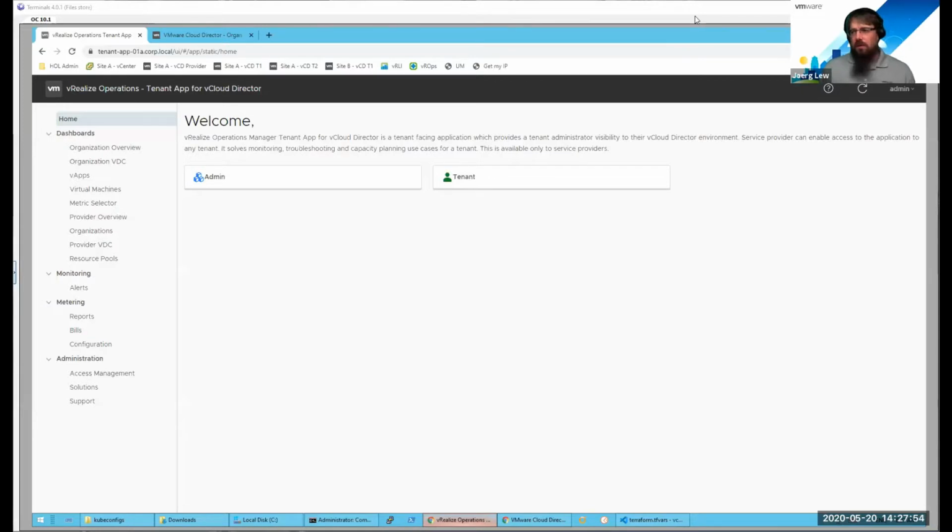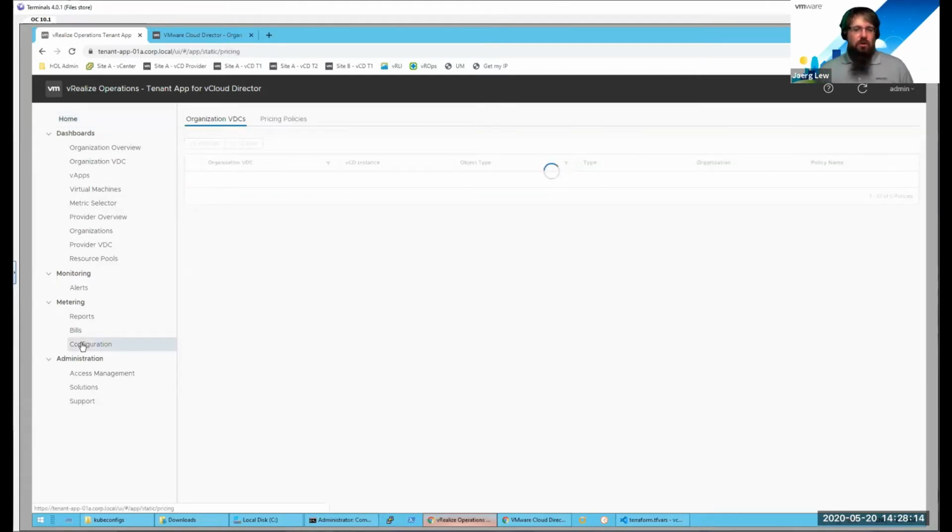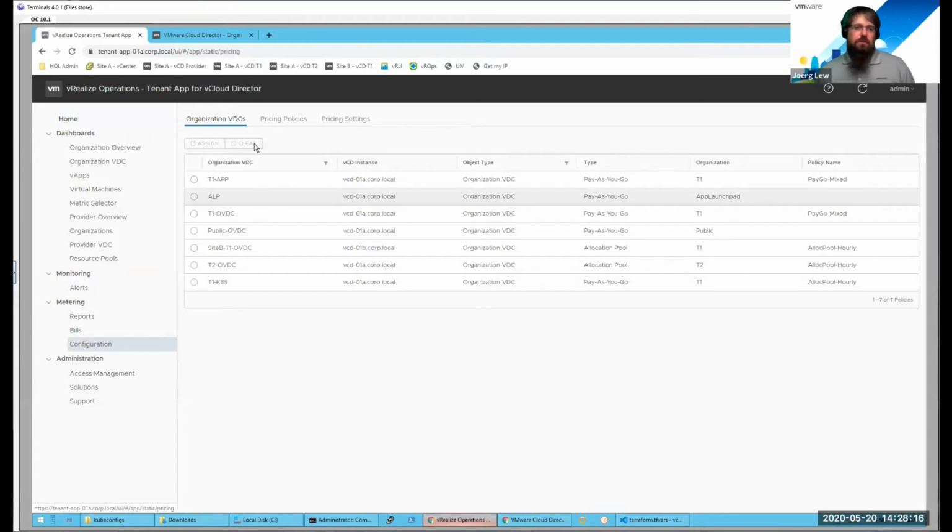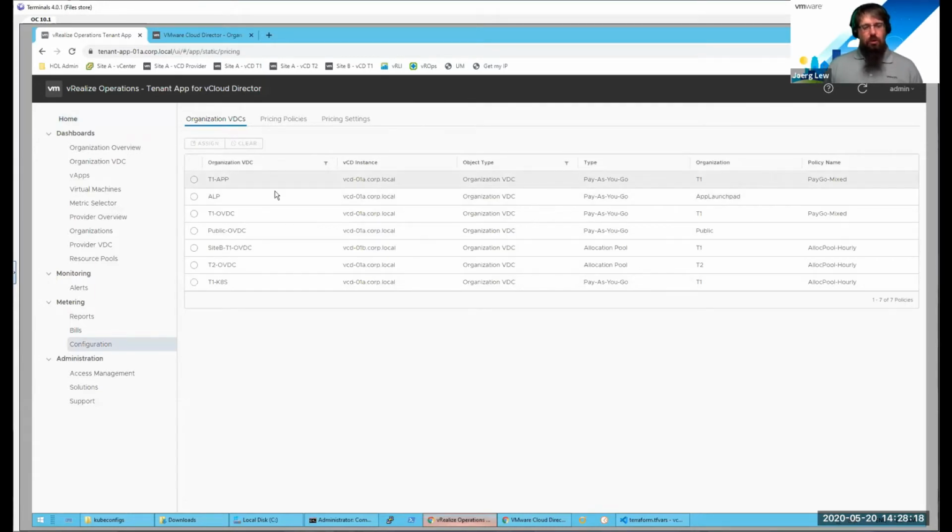Okay. So I'm connected here to the Tenant App screen as a provider administrator user. So that's the regular view where you have all the dashboards with your ops information, but the important things that we want to have here is for the metering and chargeback. So in the configuration here, that's where you have access to the org VDCs where you can assign the pricing policies to.